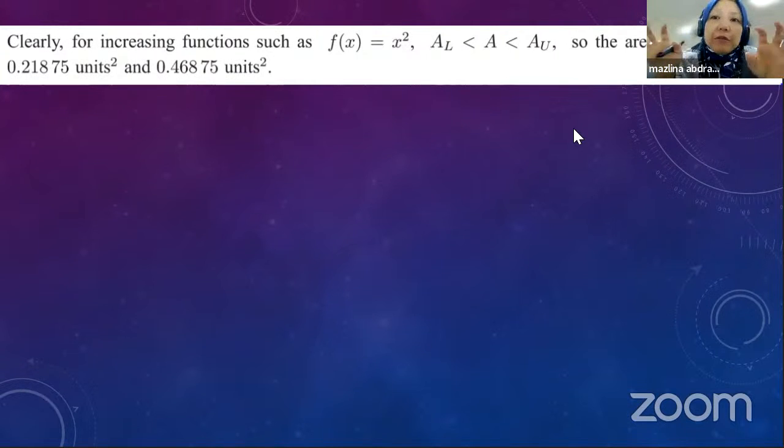It must be in between. So the area A lies between 0.218 and 0.468 something just now, because that is the total area exactly.